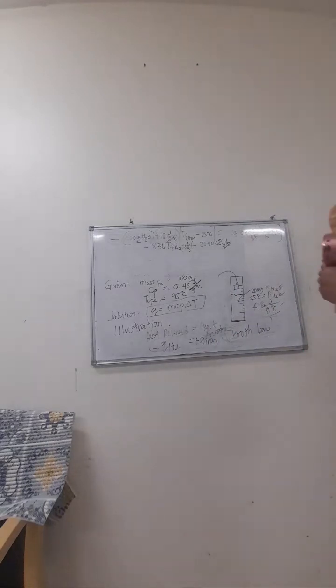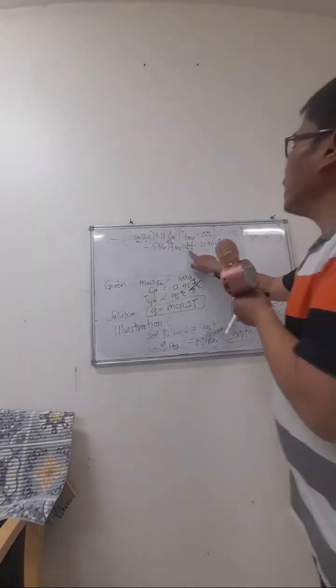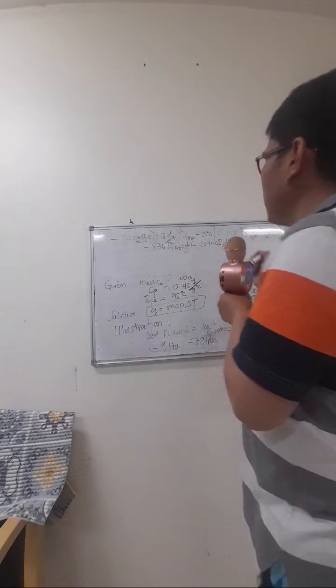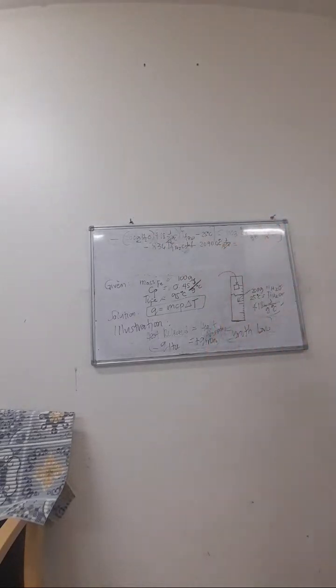Now you have here the same story multiplied like that. Joules per gram, then the grams cancel, joules remain.